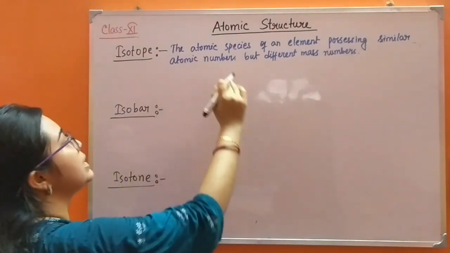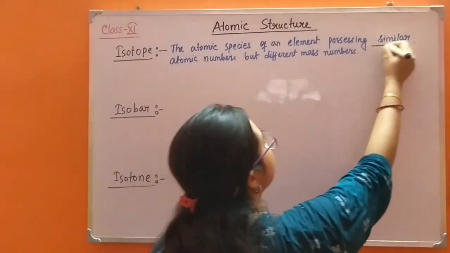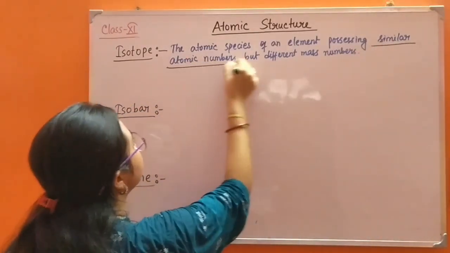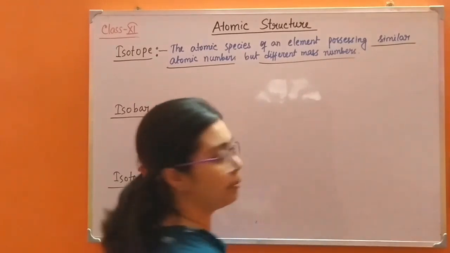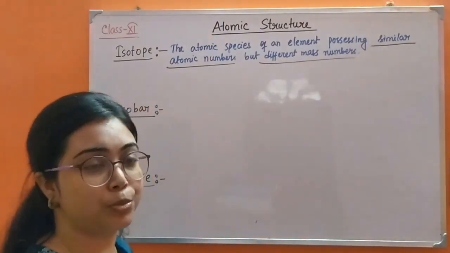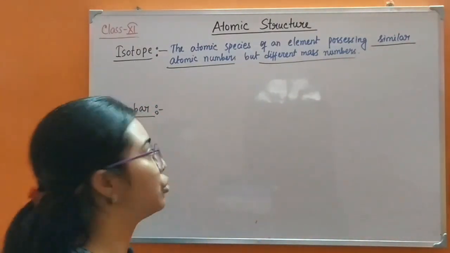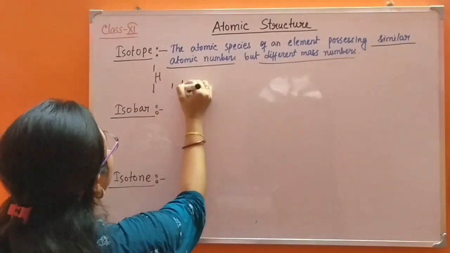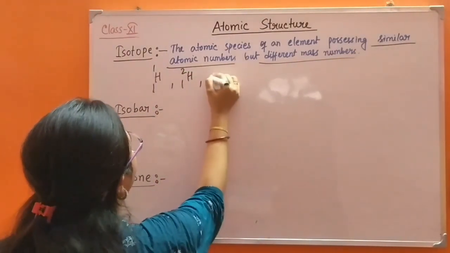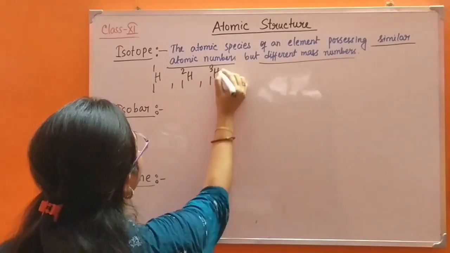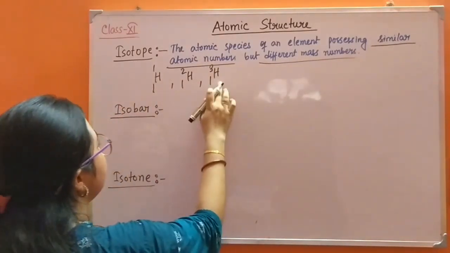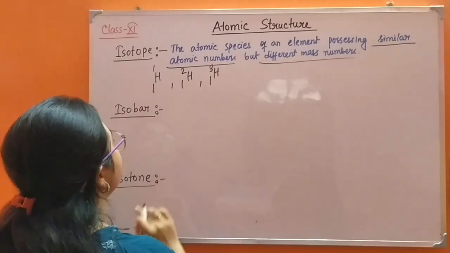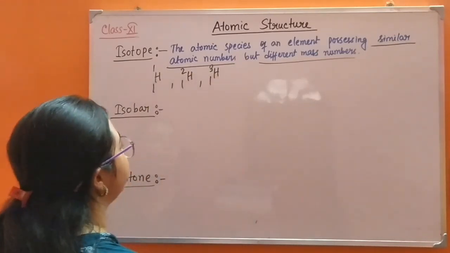The atomic species of an element possessing the same atomic number but different mass numbers are called isotopes. Hydrogen has 3 isotopes: protium, deuterium and tritium. Here the element and atomic number are the same but mass numbers are different.